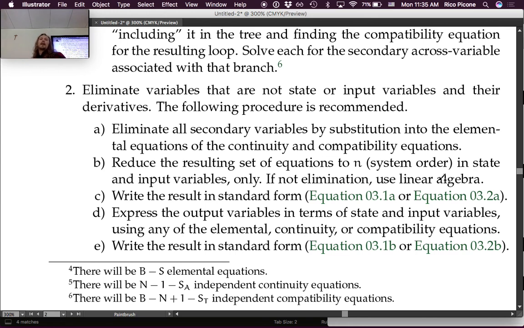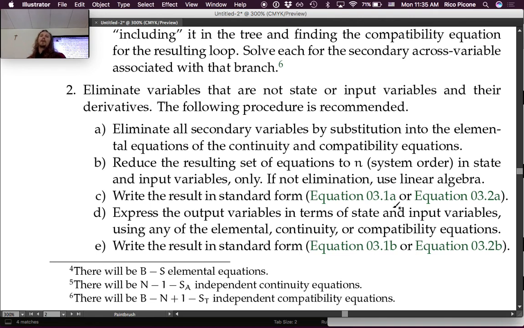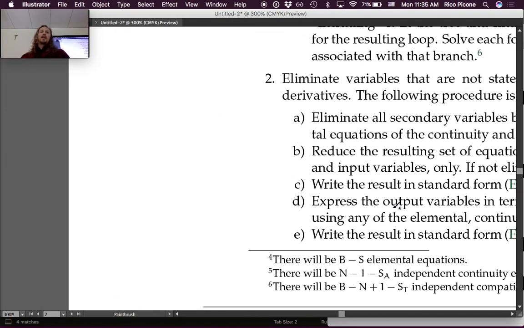But when you're doing it by hand, which is something you guys will need to be able to do, because you're going to have an in-class exam, you're going to have to do it by hand. So got to do it. Write the result in standard form. So standard forms, equations 3.1a and 3.2a, are the state equations. The first one is just the general nonlinear one.